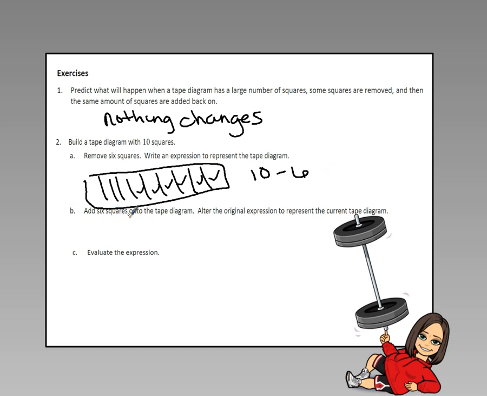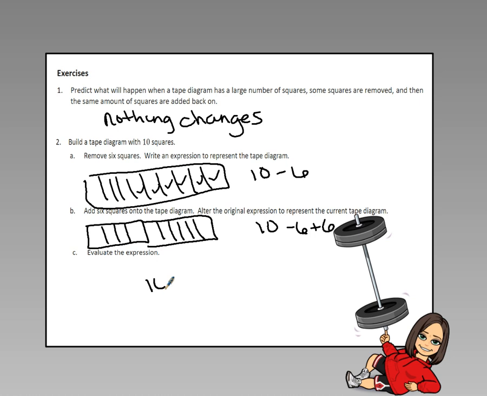And then we're going to add 6 squares onto the tape diagram. So at this point, I only had 4, but hey, look, I need to add them back on. 2, 3, 4, 5. And so now we have 10 minus 6 plus 6, and we are still at 10. Okay, we started with 10, took away 6, put them back on, we still have 10. So we started with 10, ended with 10.